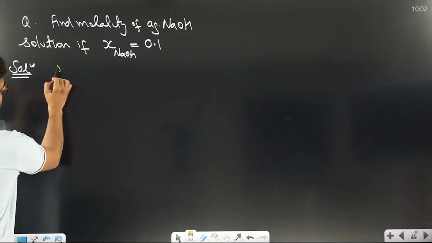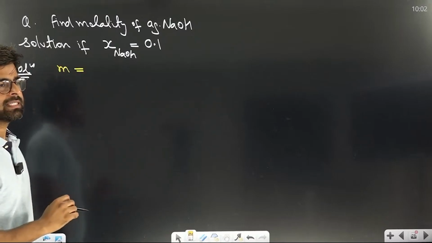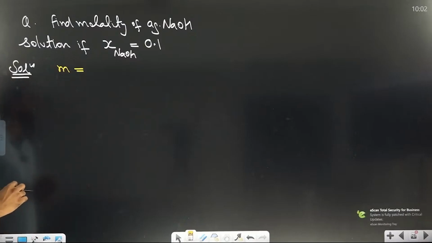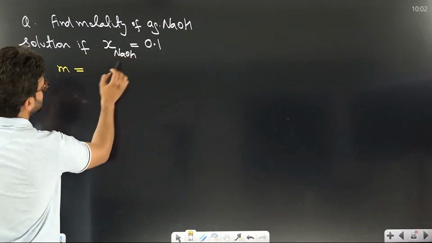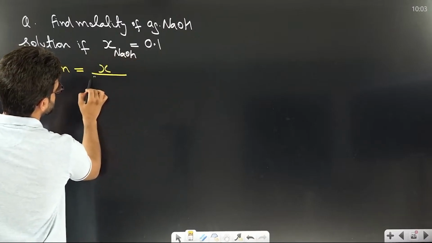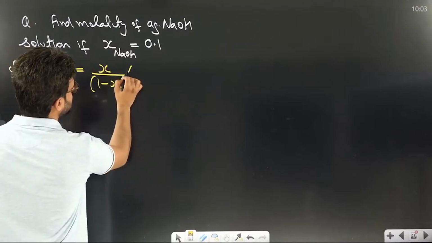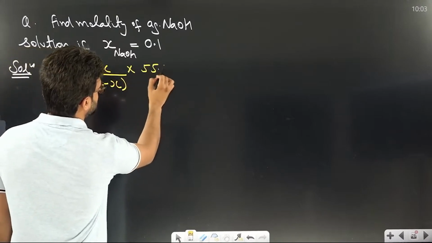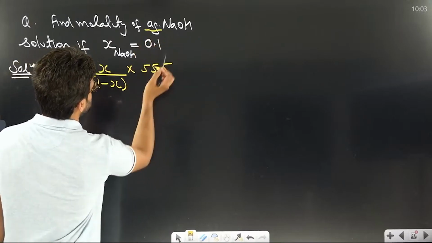You want to find molality, right? Very good. I am writing the formula once again: mole fraction of solute divided by 1 minus x, into 55.5. I can take 55.5 because it is an aqueous solution, meaning water.